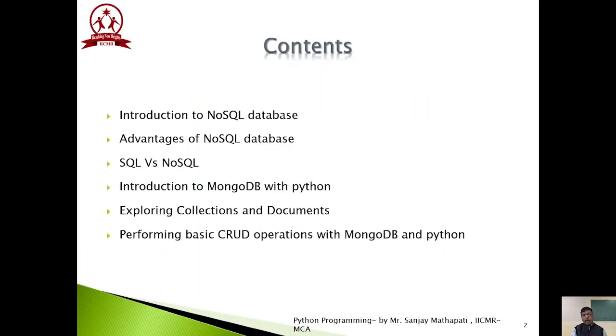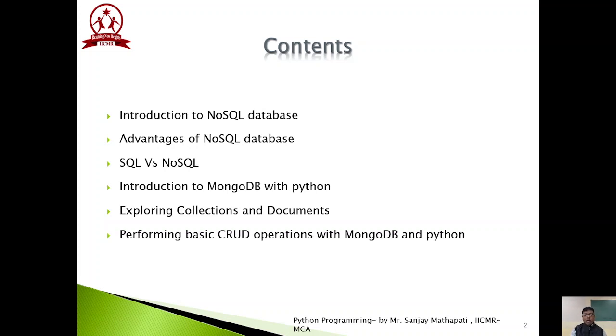So the contents of today's session, or rather the entire unit, contain the introduction to NoSQL databases. That means what exactly NoSQL means, then the advantages of NoSQL databases, then SQL as well as NoSQL advantages, disadvantages, and a few differences. So how does NoSQL differ from SQL?